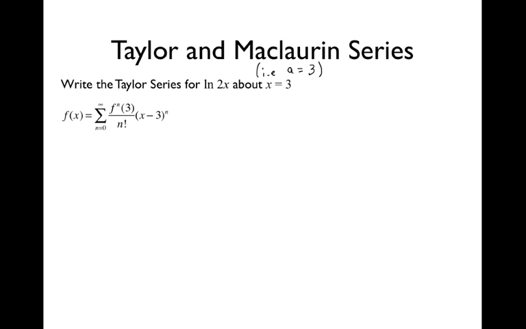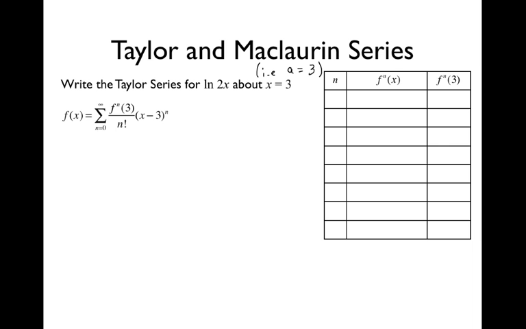Now it's going to be the nth derivative evaluated at 3, and instead of x to the n, it's going to be x minus 3 to the n. So this will center things around 3, and I'll show you the picture when we're done. Our approximations will converge starting at 3 and working their way out from 3. You'll have to see the picture to really see that.